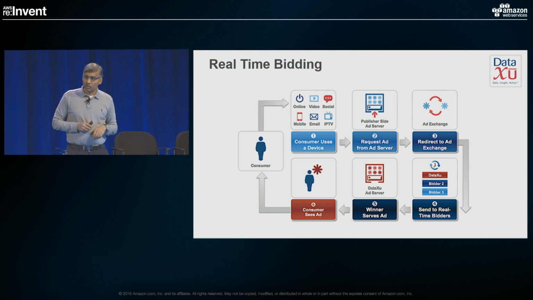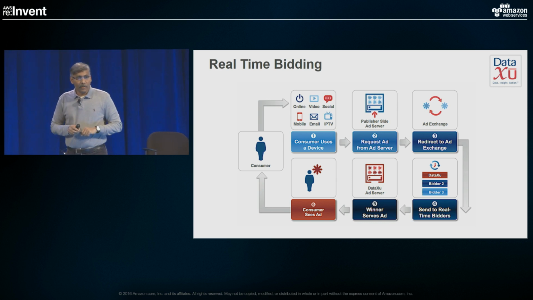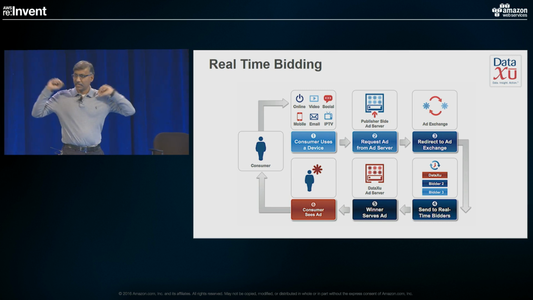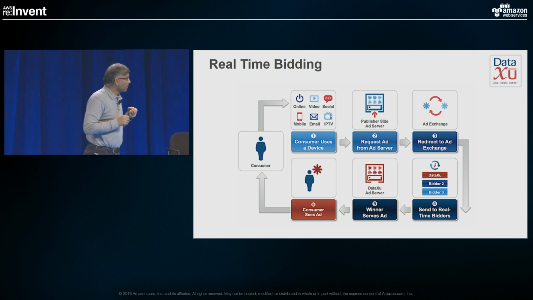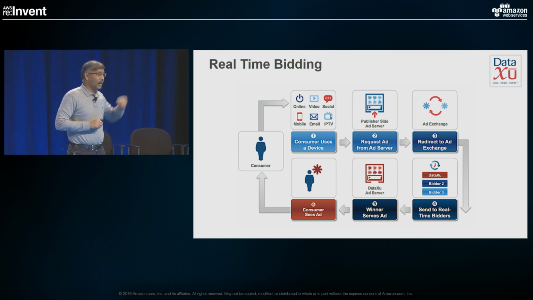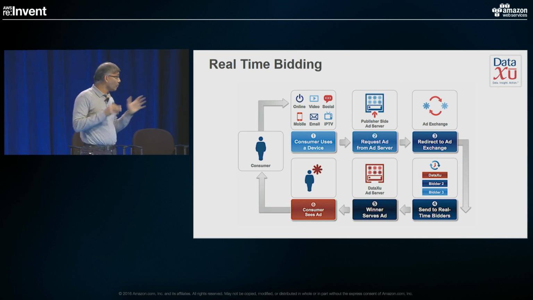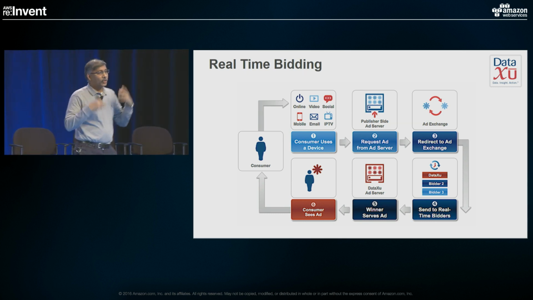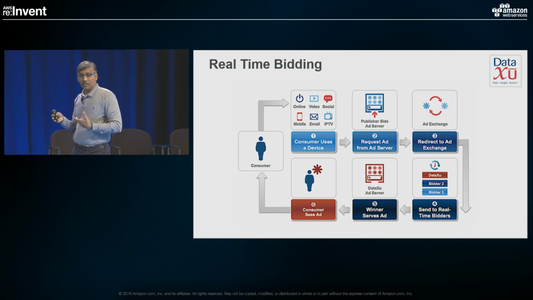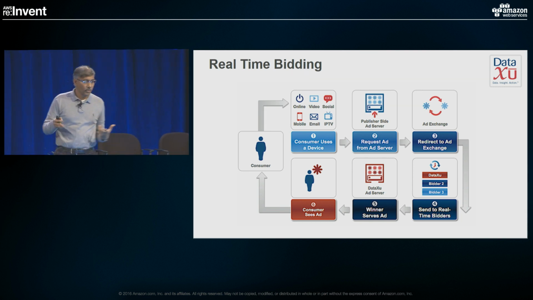The one thing I want you to note from this picture is that as we are bidding out there on the internet, we are generating lots of events. These events are, hey, I bid for this user at this price, and I won the auction. Or I bid for this user at this price, and I didn't win the auction. We need to collect this data so we know to adjust these bidding strategies in real time.